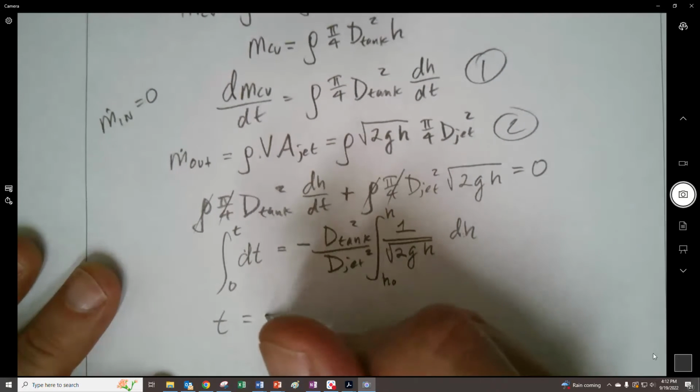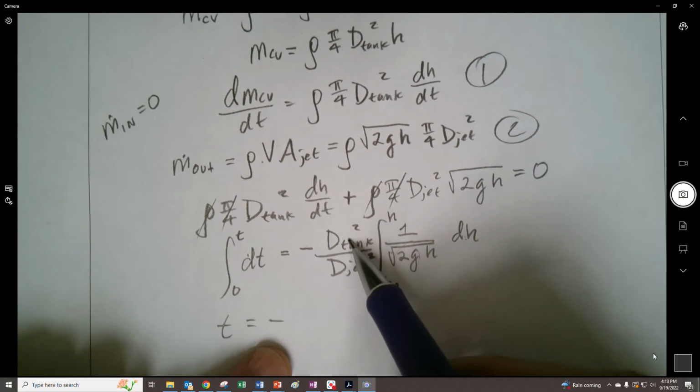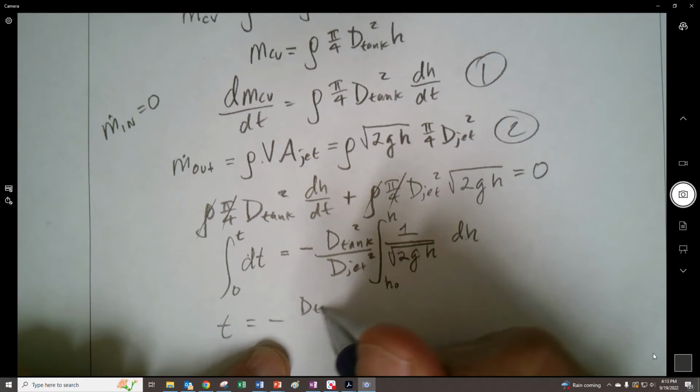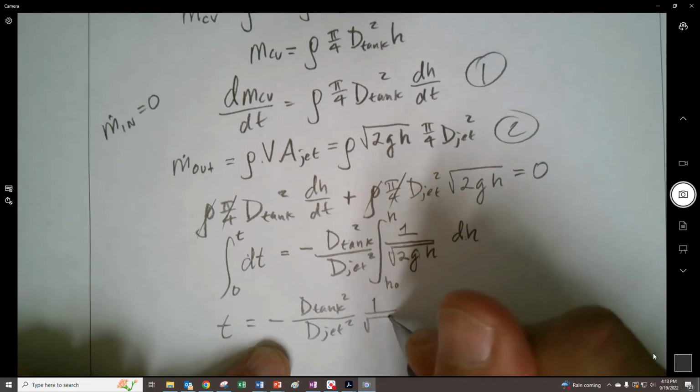and we're going to get, a very lazy man that I am, I want pulling out the 2g, and that we're going to have d tank squared over d jet squared, and 1 over square root of 2g.